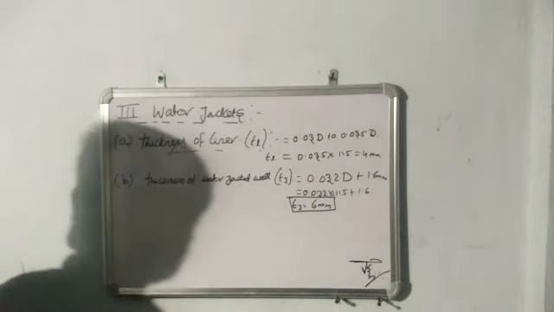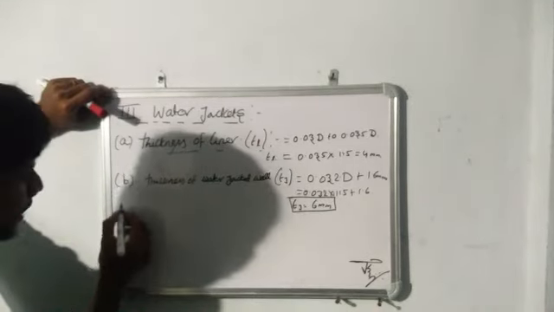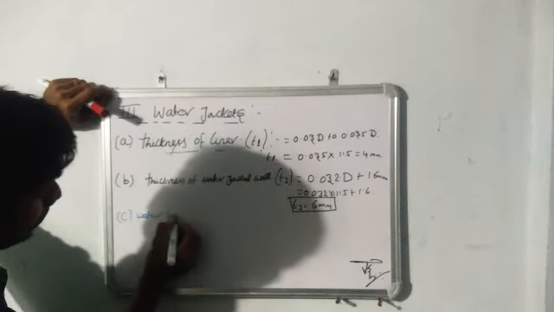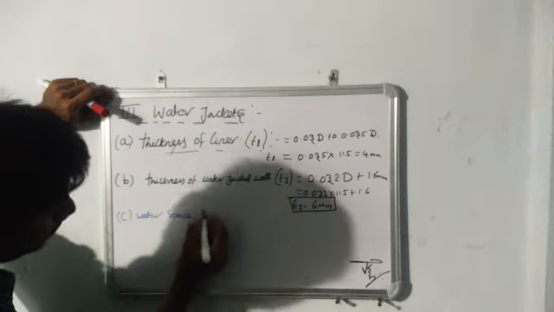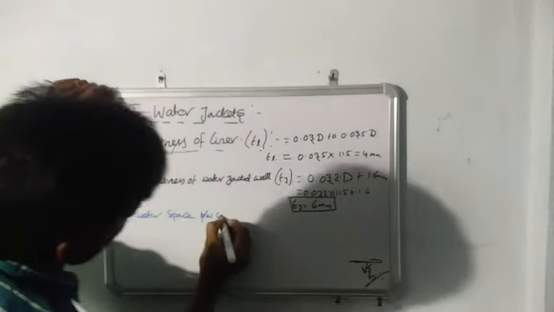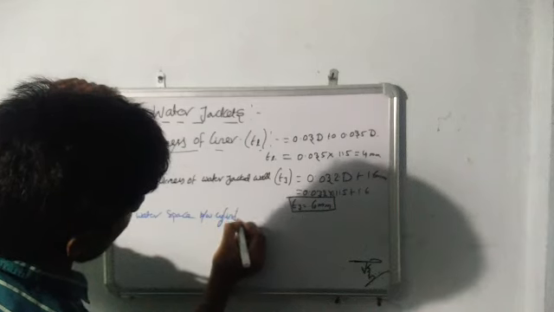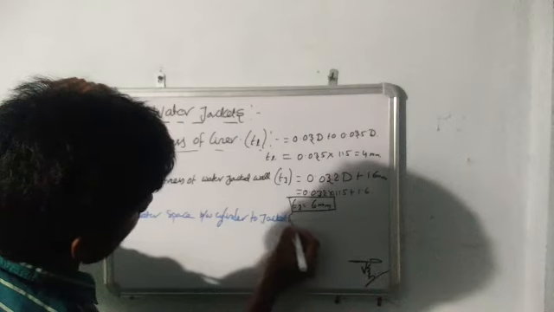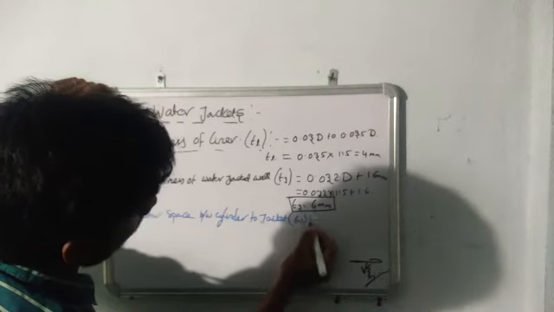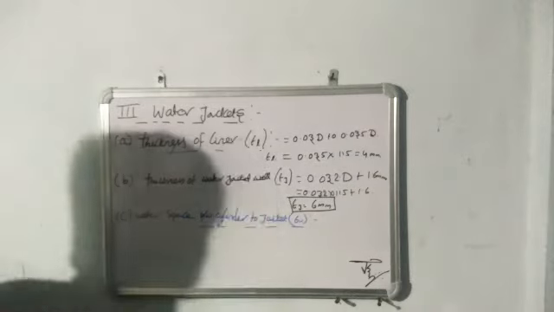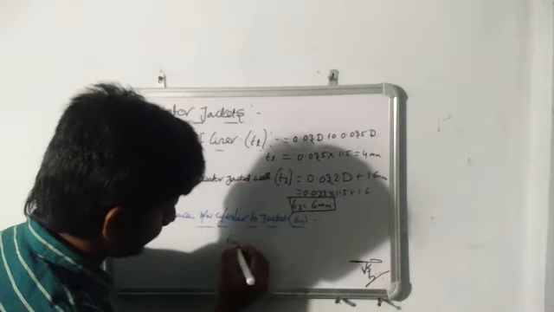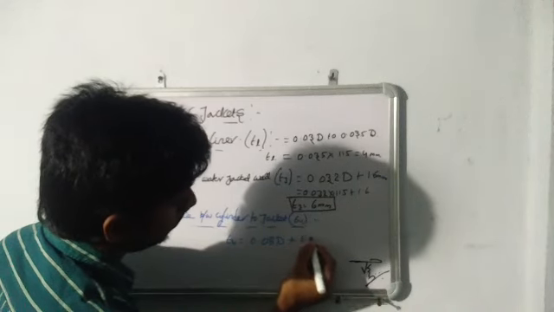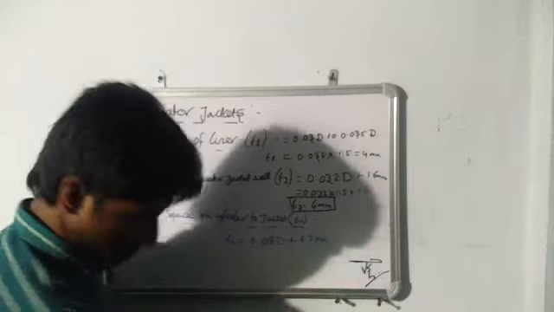Go to the next step. It is one more minor step here. Water space between cylinder to jacket. It is denoted by Tw. So the Tw equal to 0.08 D plus 6.5 mm.